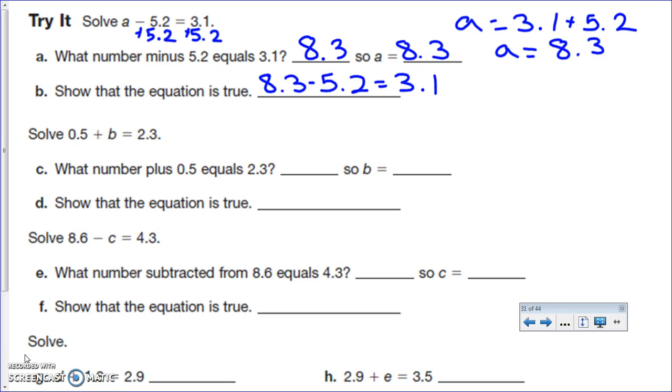For the second one, we have 5/10 plus b equals 2 3/10. So the nice thing is addition is commutative, so we can change the order of that to make it easier to get rid of the 5/10. Now we can easily subtract 5/10 from both sides to figure out what b is.